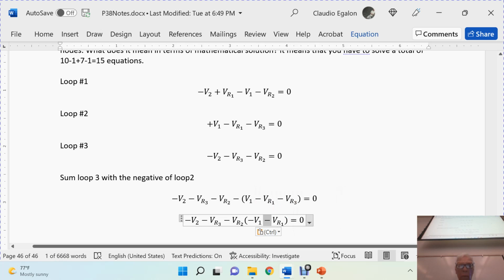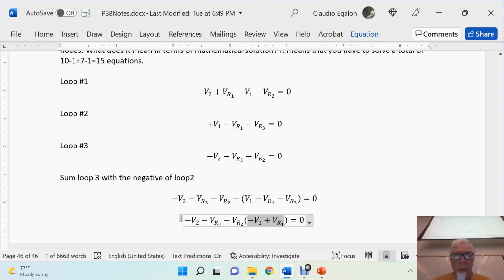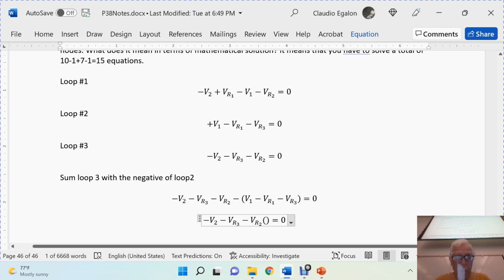Did I do it right? Oh, I didn't eliminate VR3. Let's eliminate that. Okay, this VR3 eliminates this other one. And then what do we get?